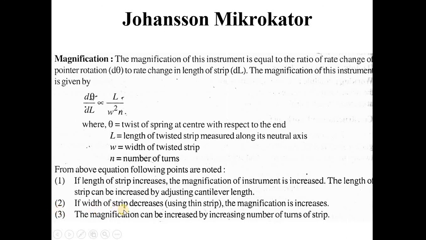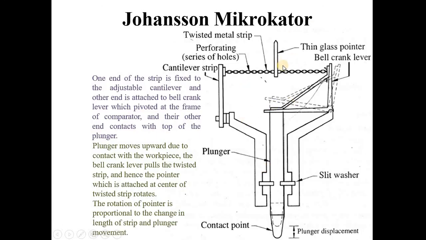If the width of the strip decreases, using a thin strip, the magnification increases. Next, the magnification can be increased by increasing the number of turns of the strip. Look at this. Any unwinding of this twisted strip results in rotation.